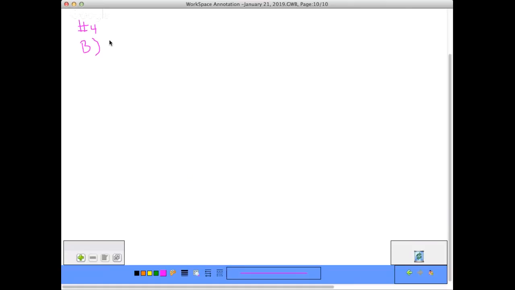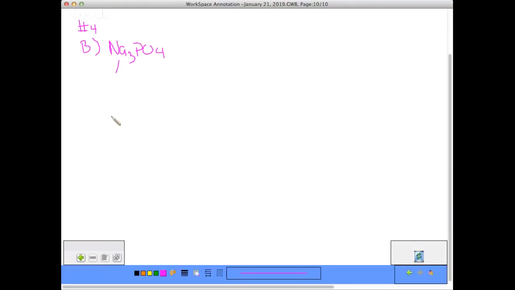So in B, we're given Na3PO4. So this is sodium phosphate. You guys should know how to name this. Since we are dealing with mass in this example, we definitely want to make sure that we are calculating the molar mass of this compound.